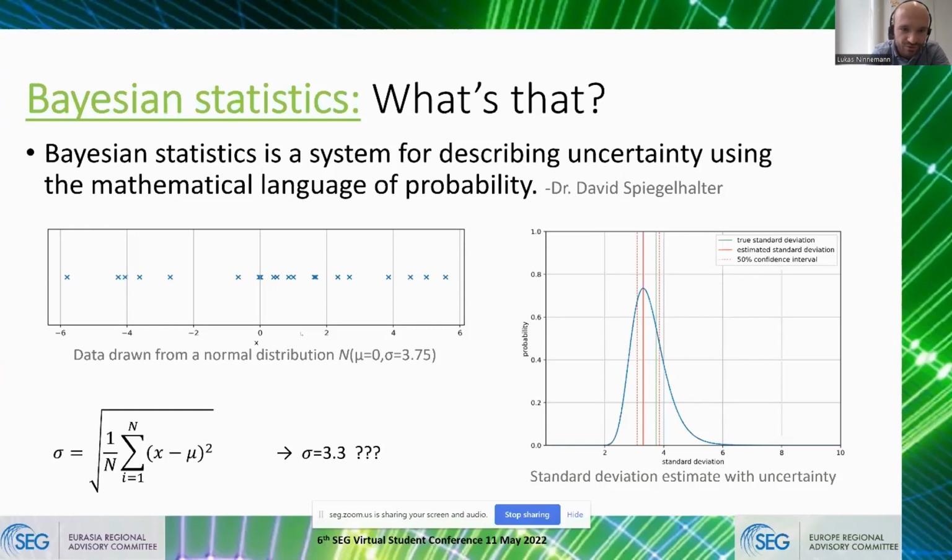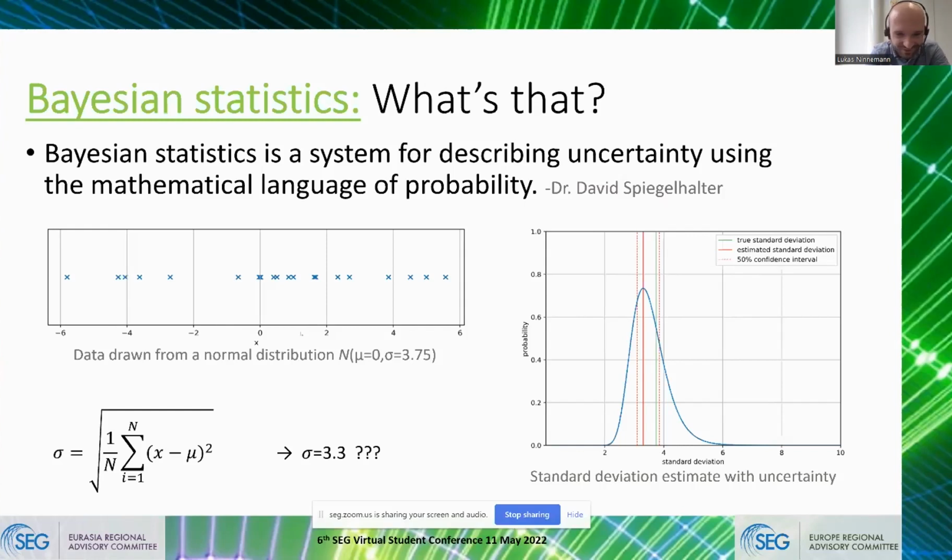We drew some data from a normal distribution, and now we want to estimate the standard deviation this distribution had, and we use the normal formula down there and come to an estimate of 3.3. But since we synthetically modeled those data, we know that the normal distribution we drew the data from has a standard deviation of 3.75.